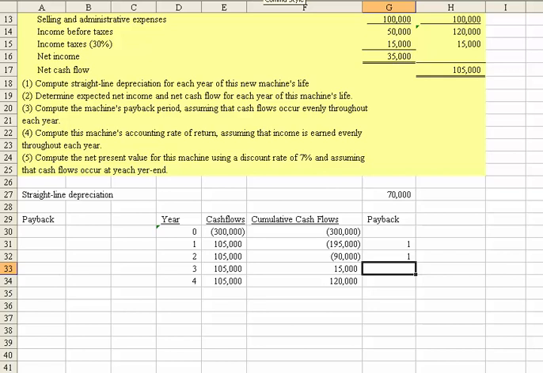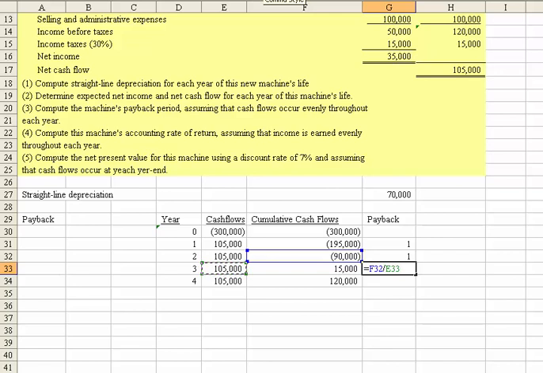Okay, now in the 3rd year, we see that we're positive by the end of the year, so we have to determine what was the fraction of the year that we remained negative until we turned positive. And how you would do that is you would take that 90,000 and divide it by the full 105,000 of the third year that you have.